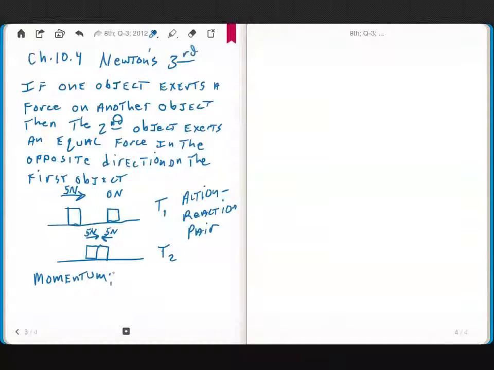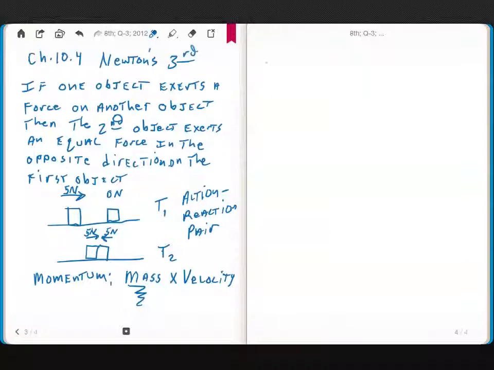Mathematical formula. Momentum can be calculated by multiplying the mass times the velocity. So Jackie, to answer your question, the mass will determine if the second block moves or it doesn't move. In this case, it was heavy enough to where it didn't move. That was just my example there.